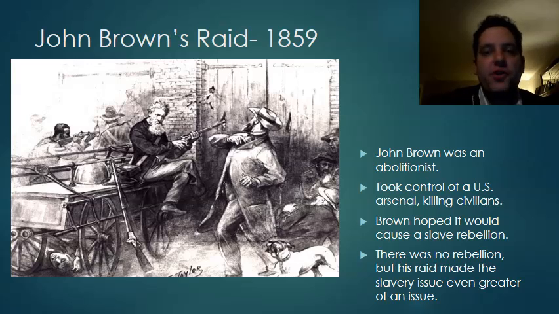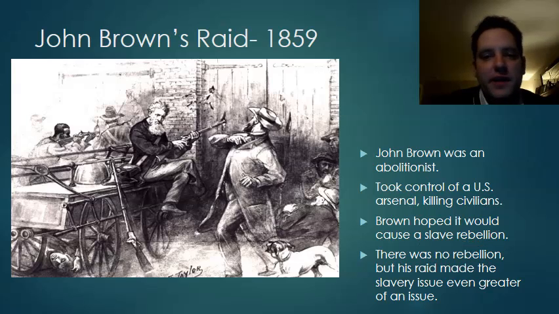And he took control of it because he wanted to give all the guns to slaves to cause a slave rebellion. What a slave rebellion is, is that he wanted the slaves to start attacking the slave owners, their masters, and he thought if enough slaves rebelled, then the South would not have slavery anymore.